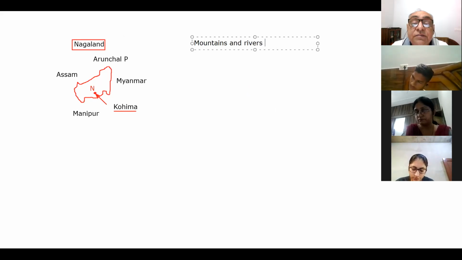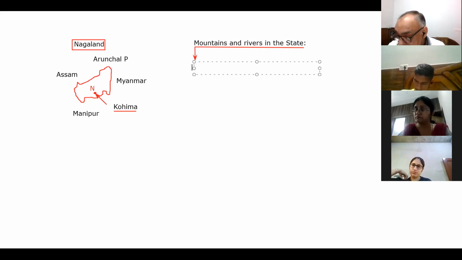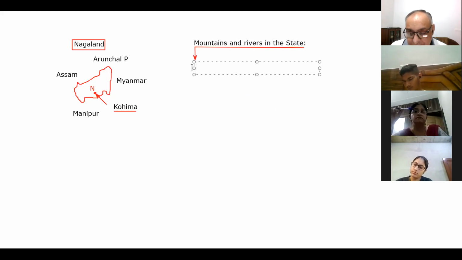Mountains and rivers in the state. As far as mountains and rivers are concerned, there are two important mountain ranges.